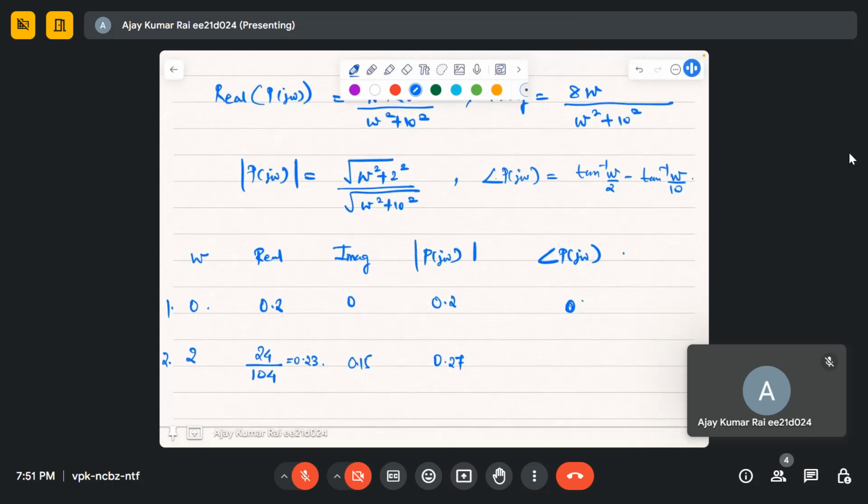Okay, so what is the angle? This is very crucial. Let's find the angle. Tan inverse of omega by 2, with omega 2, is 2 by 2, which is 1, minus tan inverse of 2 by 10.